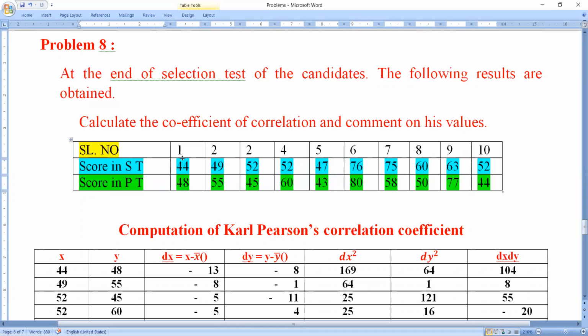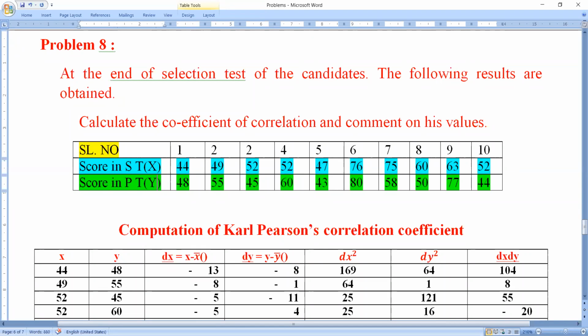So scores in ST is the X series and scores in PT is the Y series.